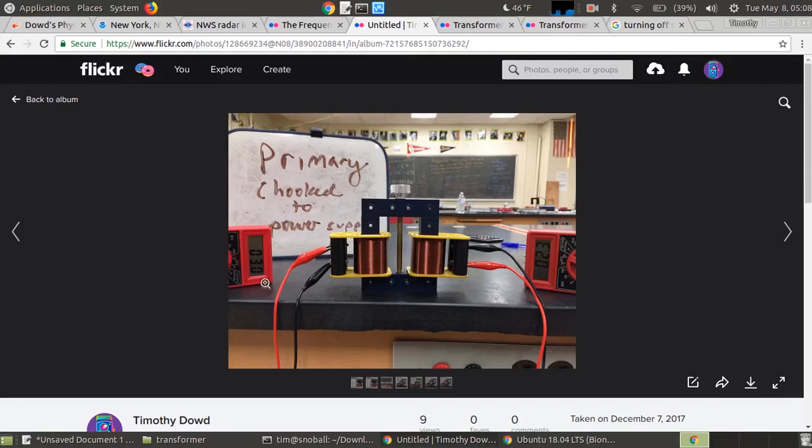So in all these photos, the primary will be the left side, and it has an input voltage of 3, like this meter shows. So here we have 2 identical coils. They're not connected, so the magnetic flux coming out of this coil is what's causing a voltage in the other coil. Since these are the same coils, we'd expect them to get roughly the same voltage. 3 divided by 400 should be equal to 3 divided by 400.